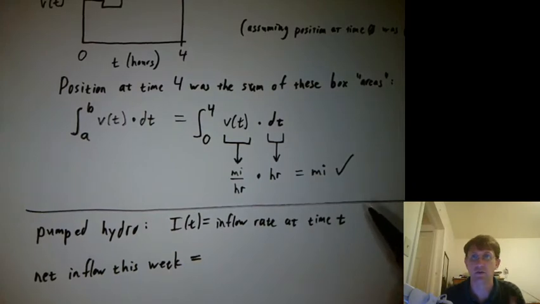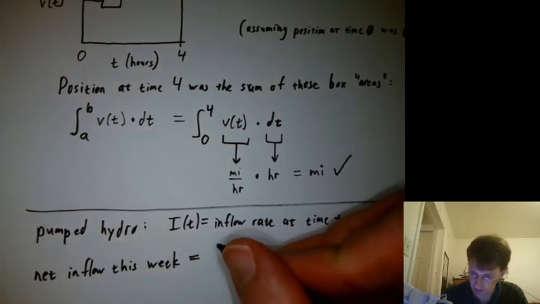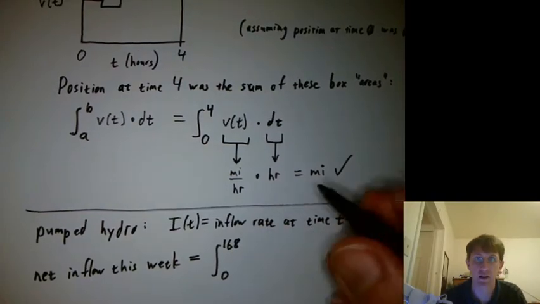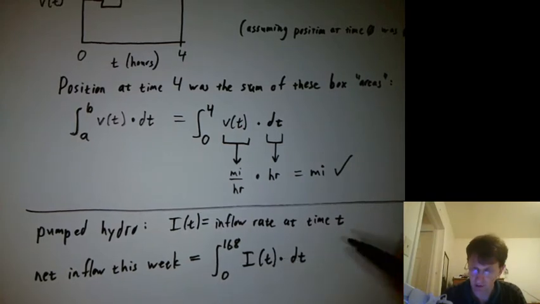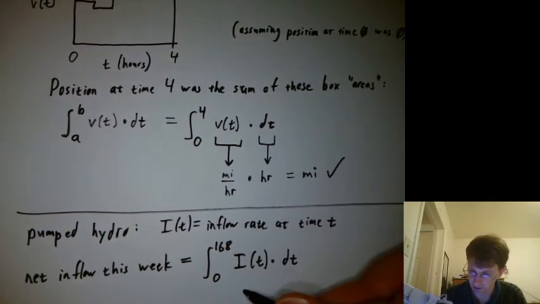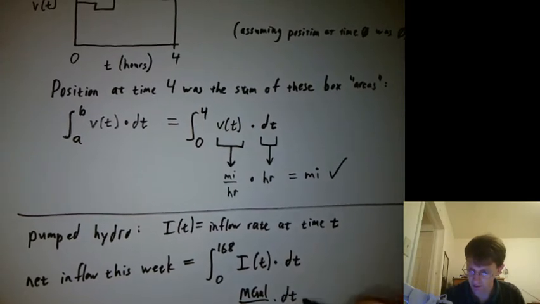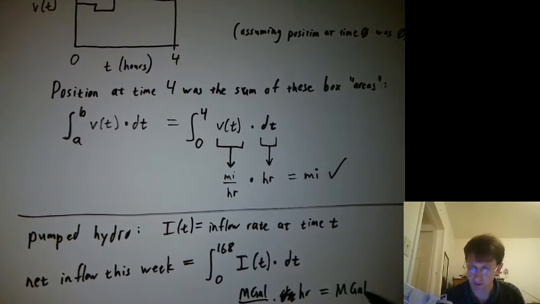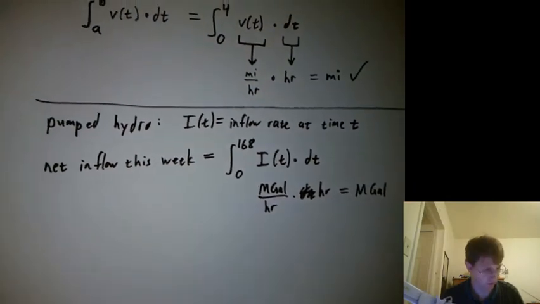Like net profit is revenue minus cost. So what kind of integral can you write? It would be the integral starting at time 0, going up to time 168 hours per week, I of t dt. And what were the units on that? I was million gallons per hour, and dt was in hours. So altogether the units are million gallons, which is indeed an amount of water, right?